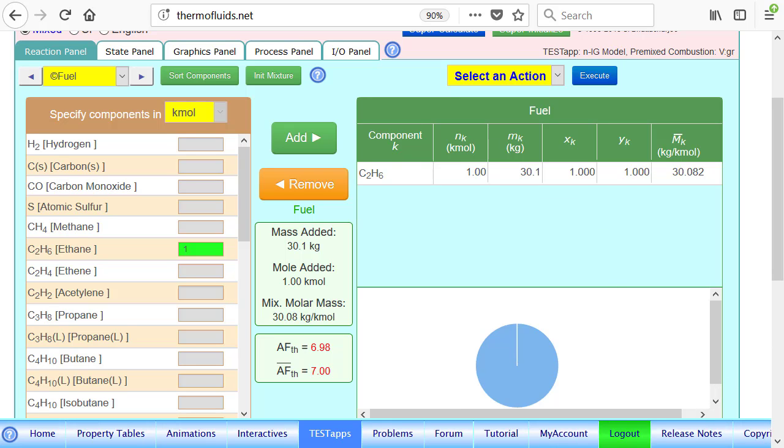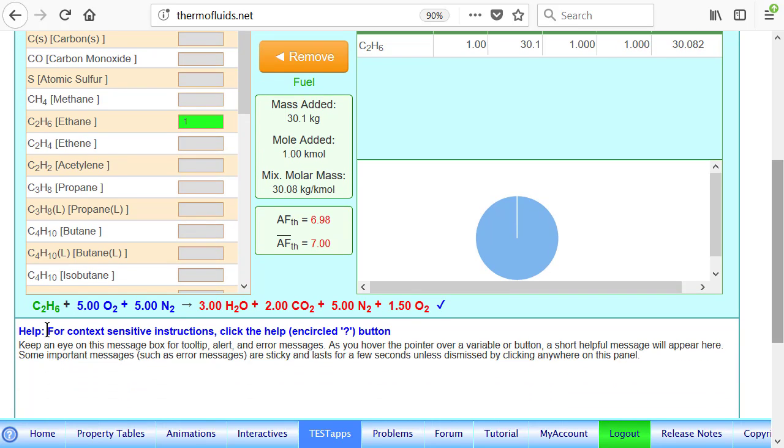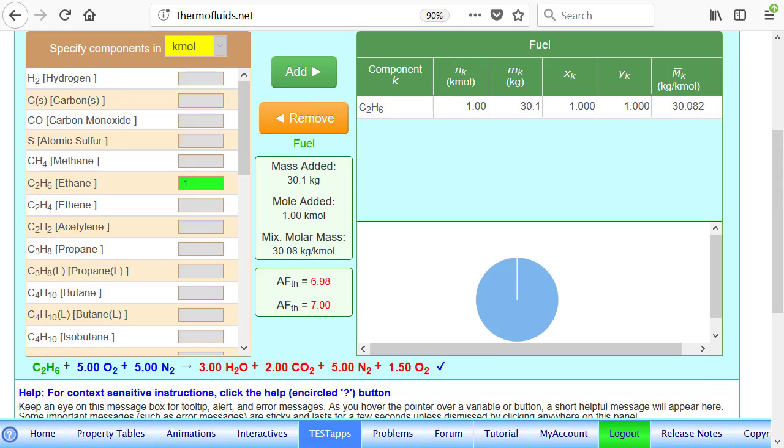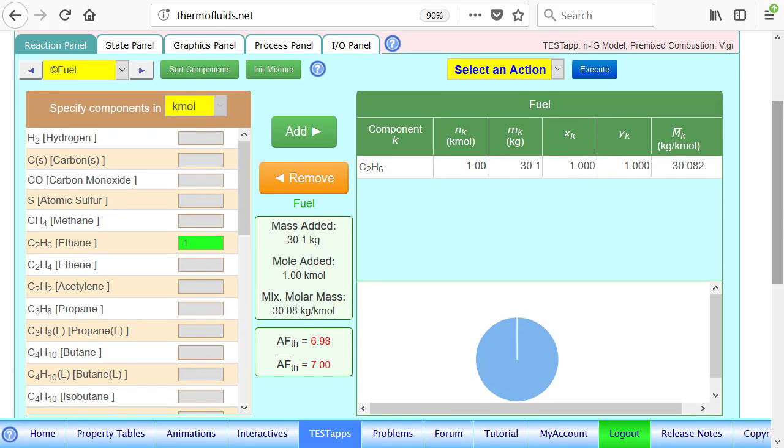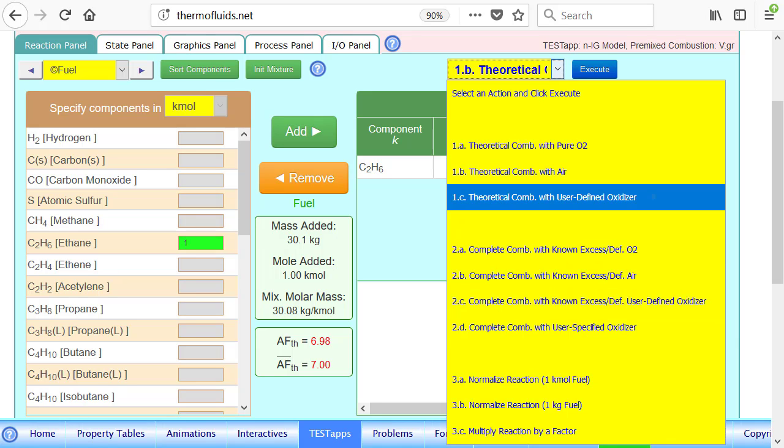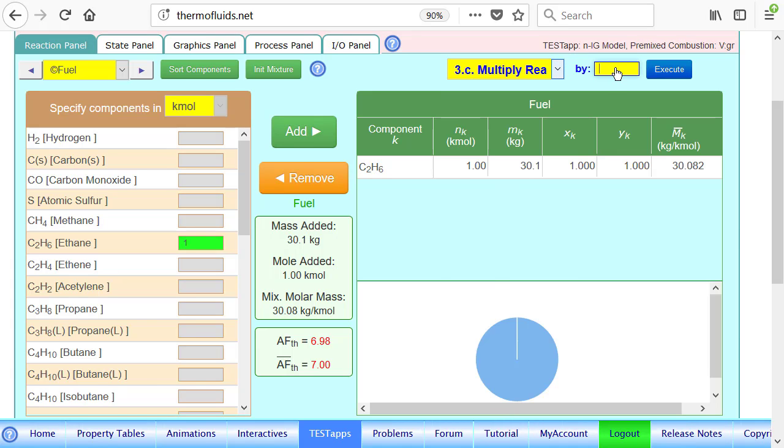But in this given problem, we really have 1 kg of fuel and 10 kg of oxidizer, 11 kg altogether. So to set this right, the reaction is now based on 333 kg of reactant going to 330 kg of product. To balance the reaction correctly, to reflect the amount of mass we have, we'll multiply the entire reaction by a factor which should be 11 kg divided by 330.1.